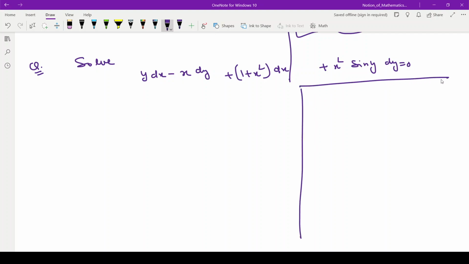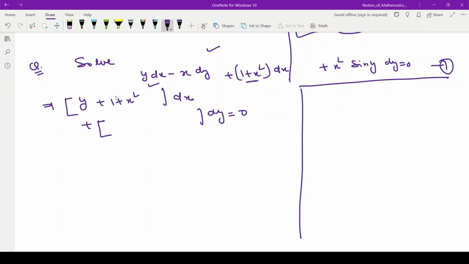So students, first of all, I will try to understand whether this equation is an exact differential equation or not. Suppose it is equation 1. For that purpose, I will collect the coefficient of dx and the coefficient of dy together. The coefficient of dx is y plus 1 plus x square, and the coefficient of dy is minus x plus x square sin y.